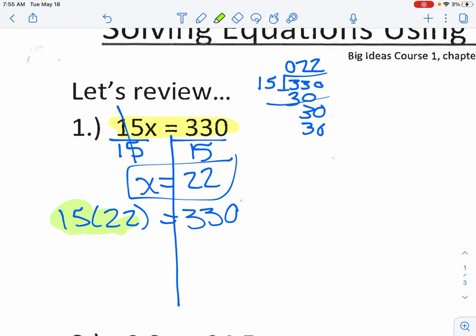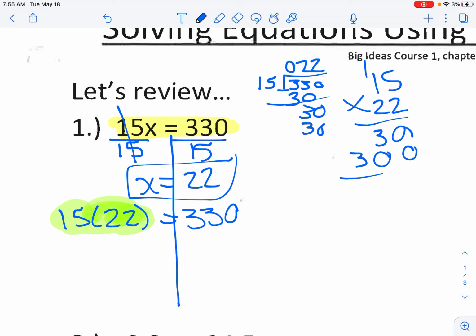You have to show me the math on this part right here, which means we're going to come over here to the side and we're going to prove that 15 times 22 is 330. So now I can say 330 equals 330, check.